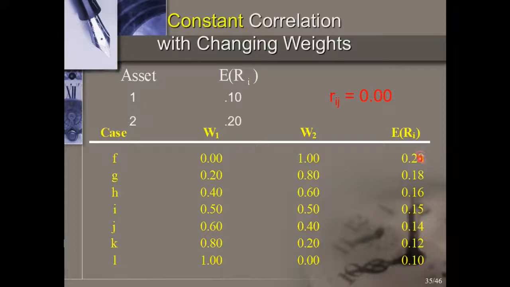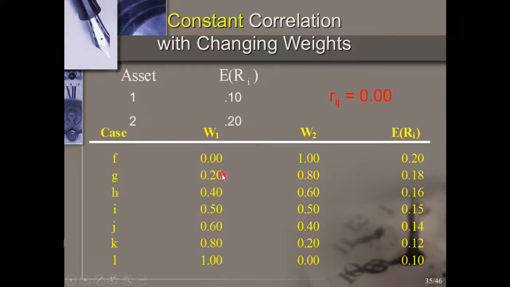So our expected return, this is 20%, will remain that of 2. You can find out that when we invest 100% in 2, we will get the return of 2 only. But as soon as you reduce the investment in 2 and increase the investment in 1, our return will change.